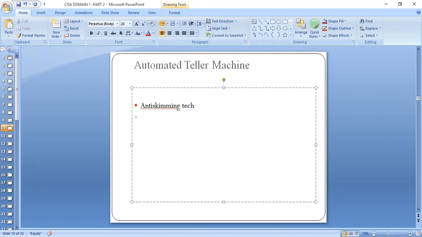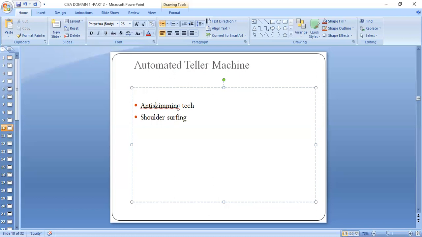There are also some of them where your hand is under an enclosure. The idea is that people cannot see what you are typing, the PIN. Okay, you are typing at your ATM. So that attack is called shoulder surfing. Shoulder surfing. So somebody just standing at your back.